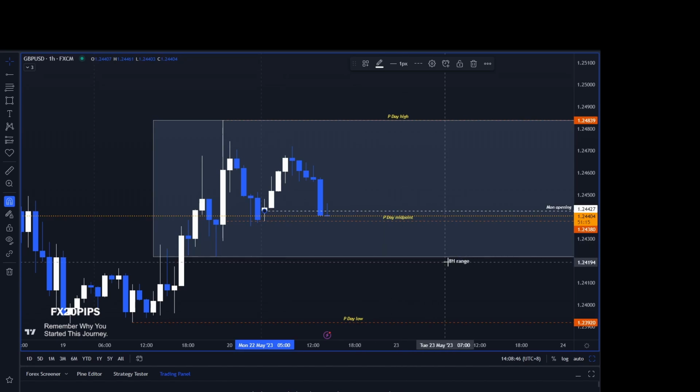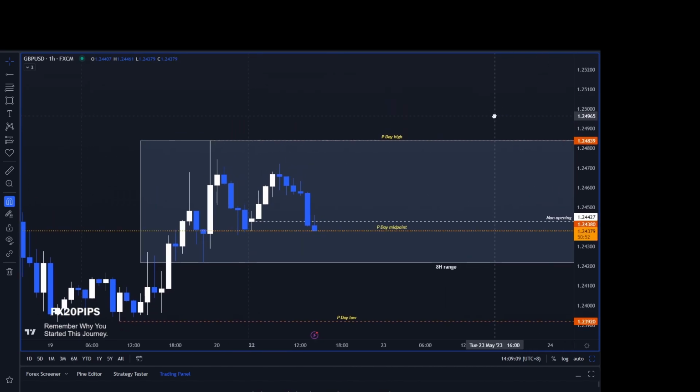So currently, with the Frankfurt opened at 2 o'clock, which is this candle, the price dropped a bit from the opening, and then it is just slightly above the midpoint of yesterday.